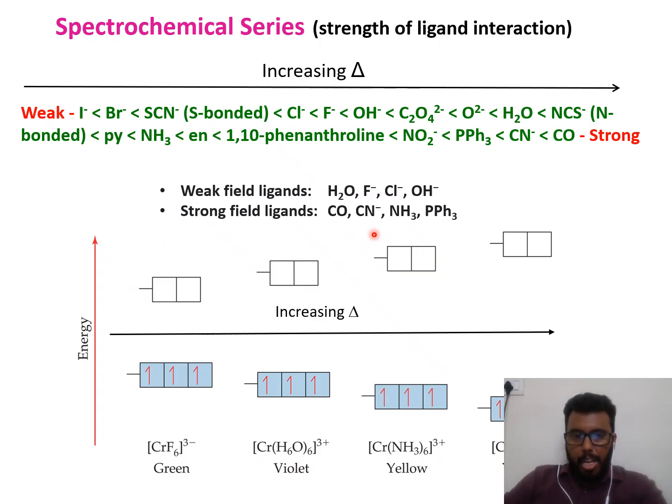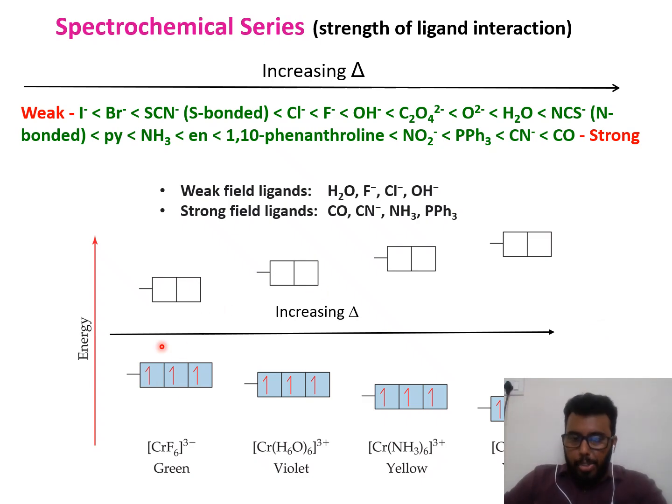Let's look at this energy diagram. The energy coordinate is on the left, where the increasing energy level has been shown by an arrow pointing upward. There is a horizontal arrow, which means that the crystal field splitting energy delta is increasing from left to right.